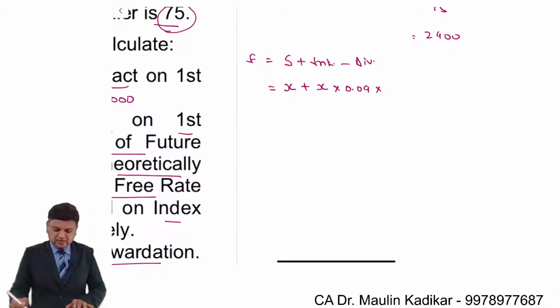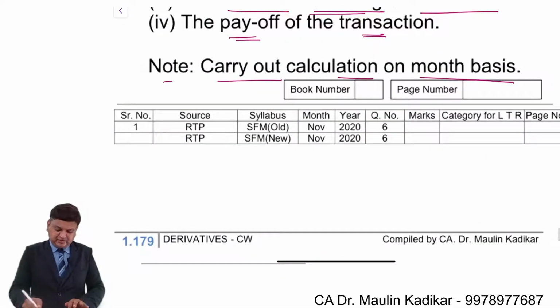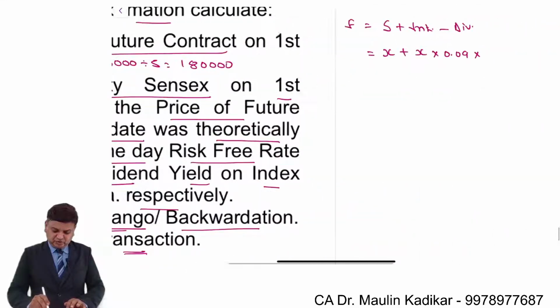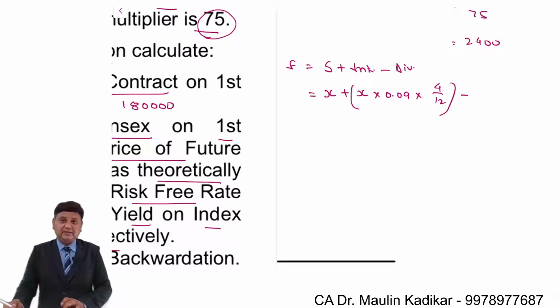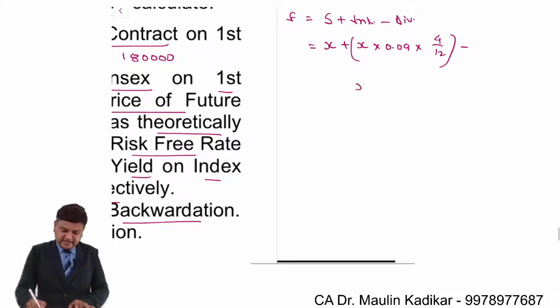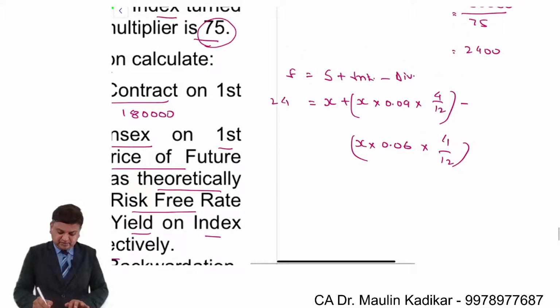0.09 into, language of the question speaks very clearly that you have to take number of months into account instead of number of days. So we understand that into 4 divided by 12 minus x into 0.06 again into 4 divided by 12, and the answer is 2,400.